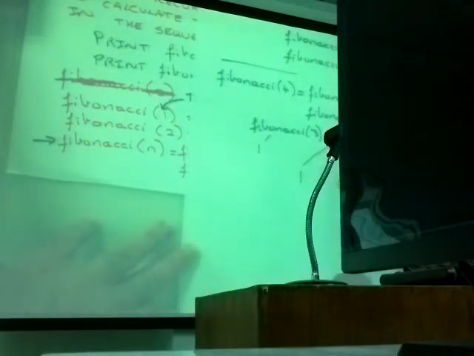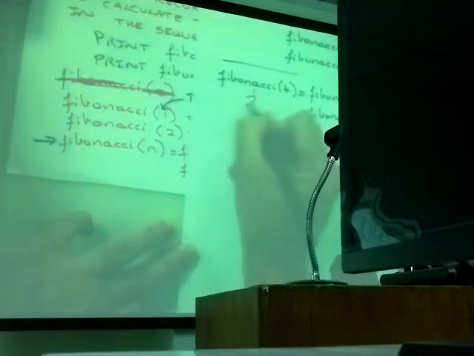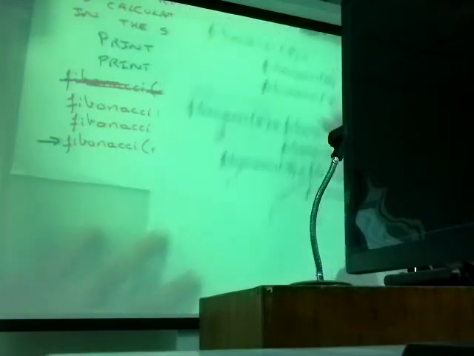Fibonacci 2 is 1. 1 plus 1 is 2. So Fibonacci 4 is 2.